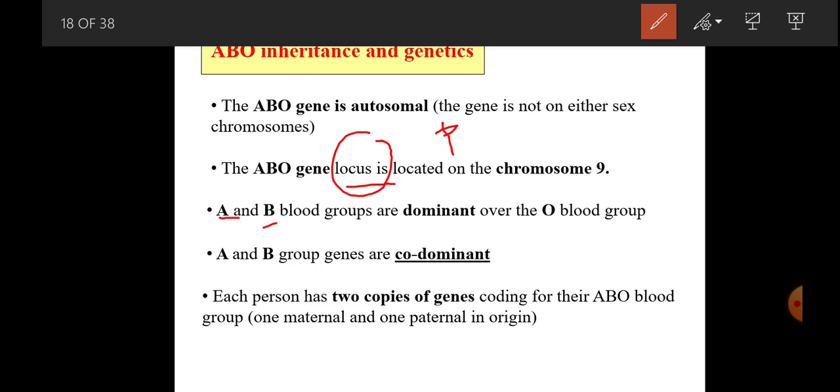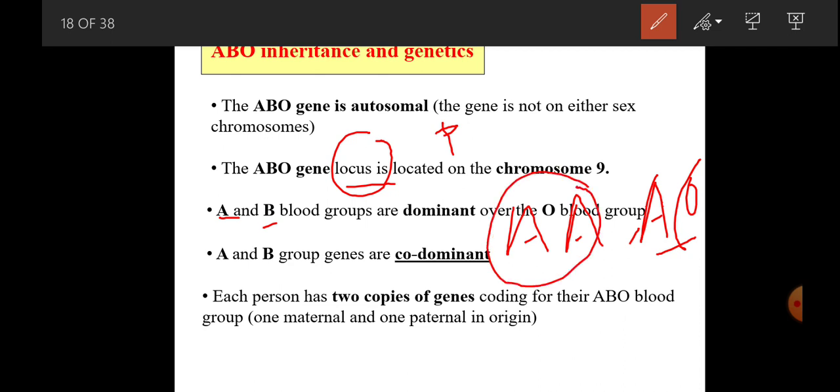A and B are dominant, while in AB, the genes are codominant. So a person will always have two copies of these genes. For blood group A, the gene can either be A and A or A and O, because O is recessive. So we can either have this particular case of homozygous AA or heterozygous A and O, because A is dominant over O.